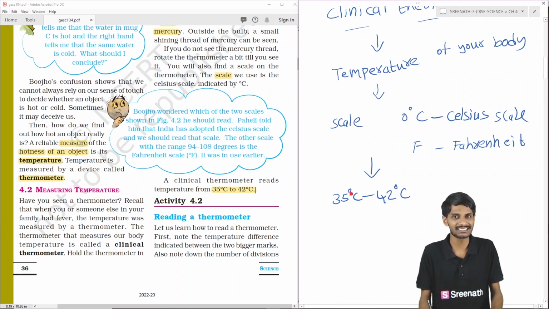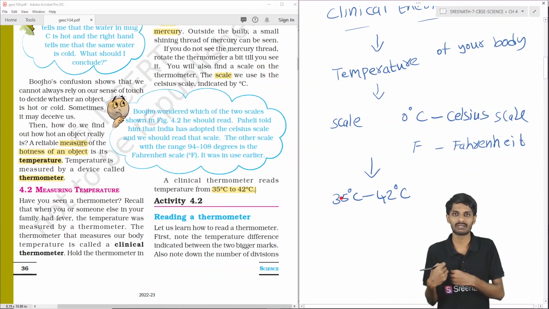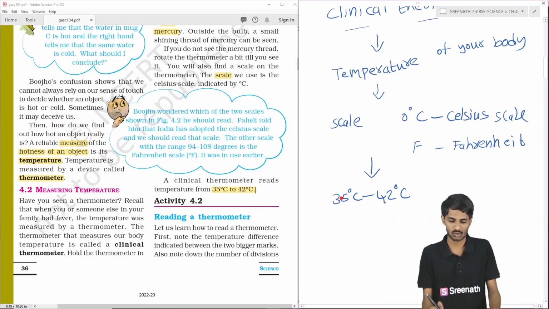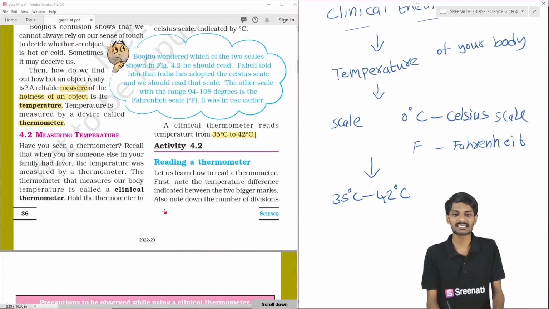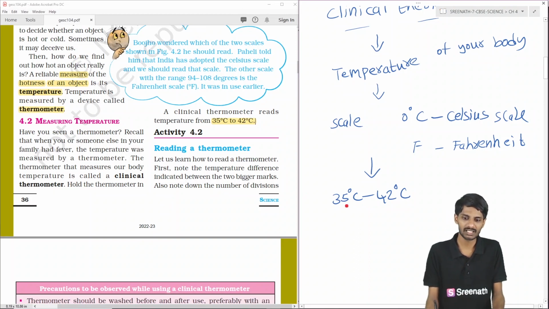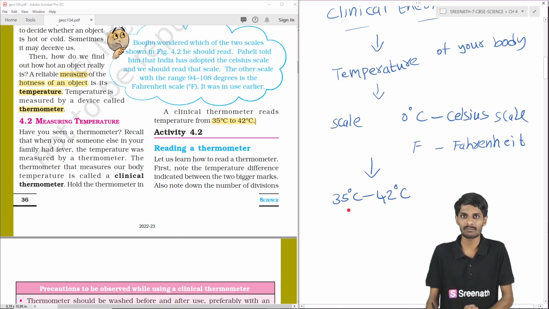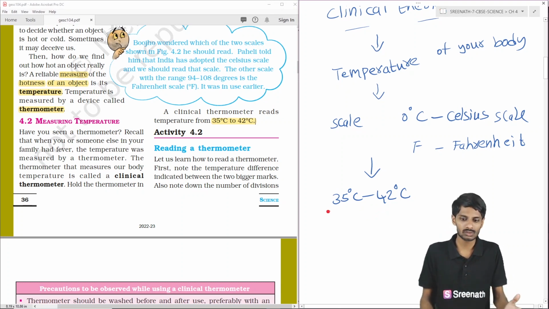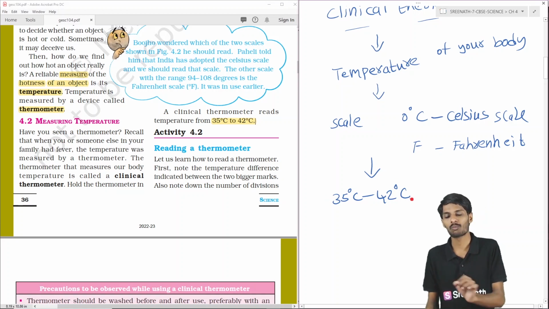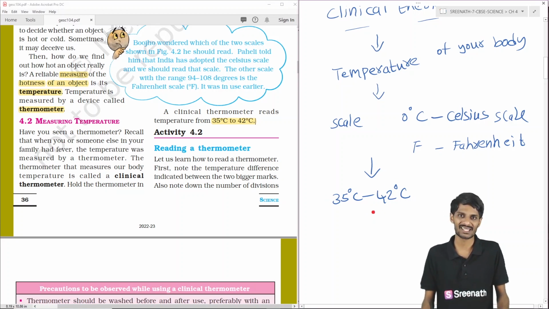So this is specially designed for measuring our body temperature only. Our body temperature is in the range of 35 to 40 degrees Celsius, students. Our body temperature must not go below 35 degrees and above 42 degrees Celsius.